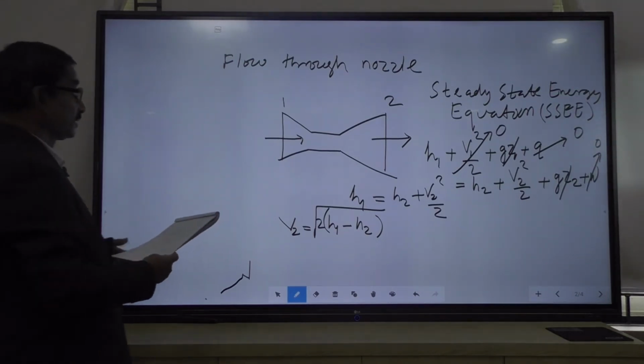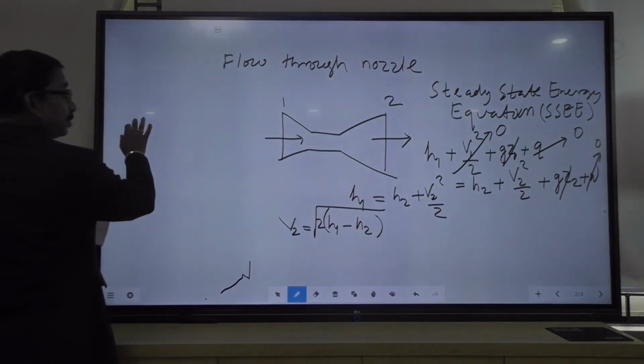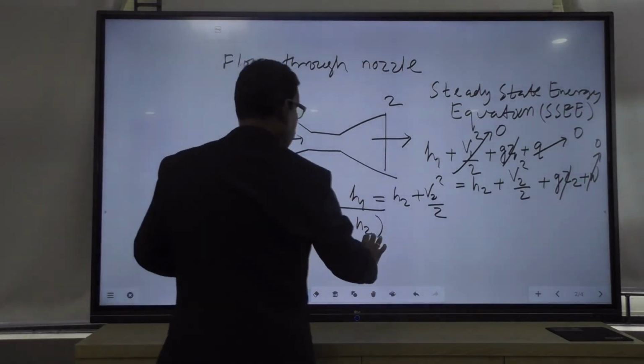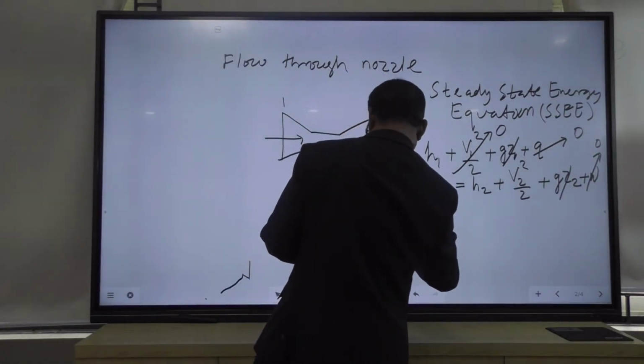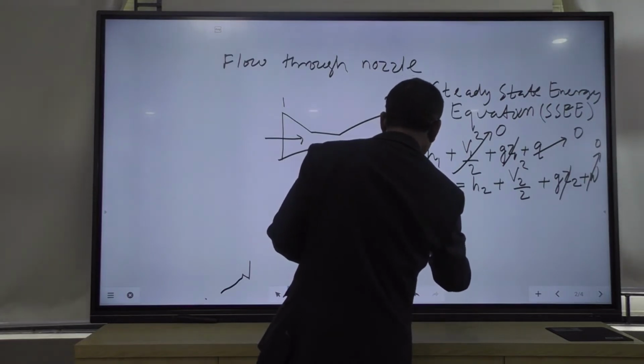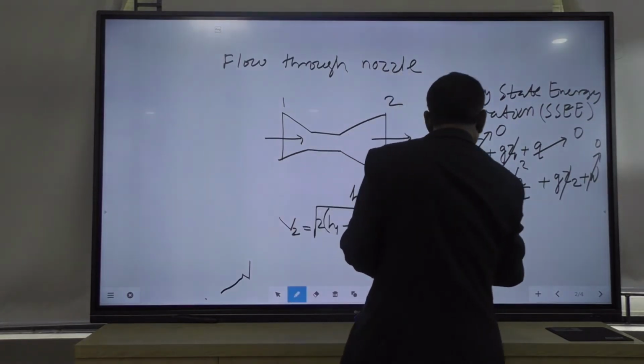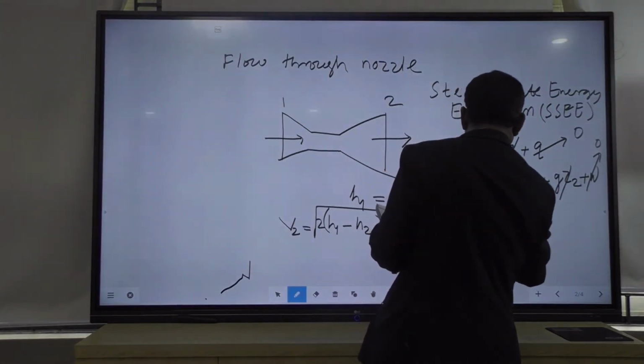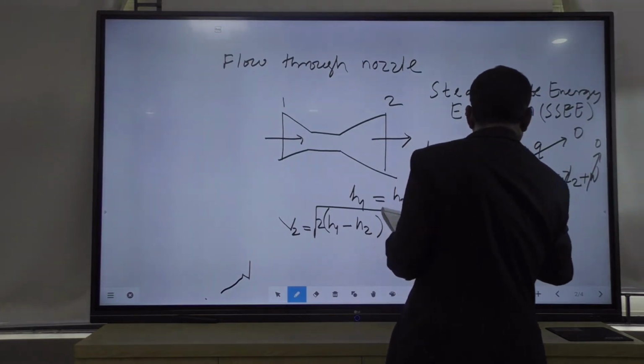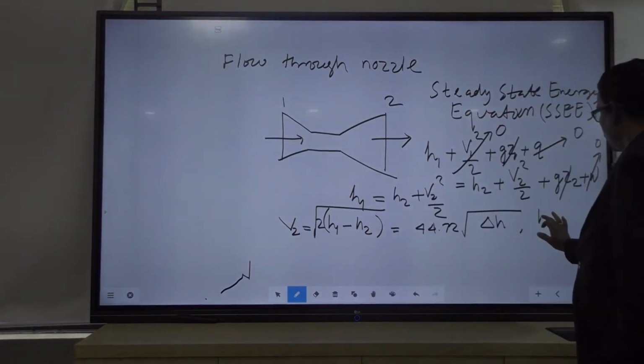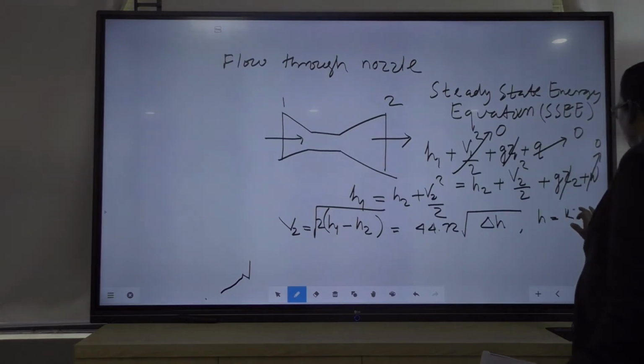If we simplify this, V2 will be 44.72 root delta H, where the enthalpy unit is kilojoule per kg.